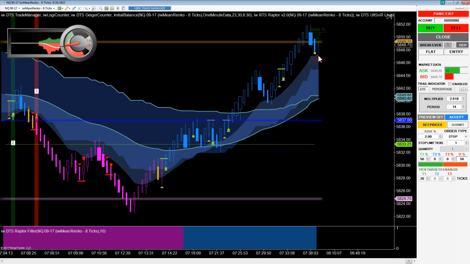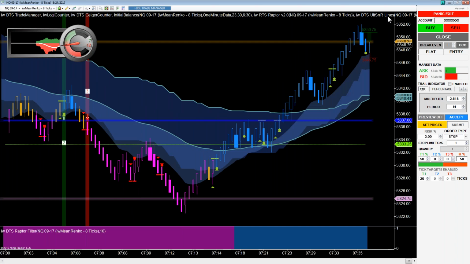There's more selling going on. Yeah, if you don't have the Geiger counter, you won't get that printing. And again, it shows you short-term bias.